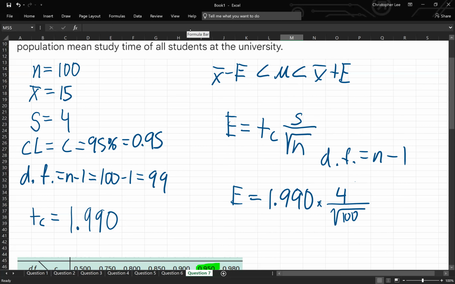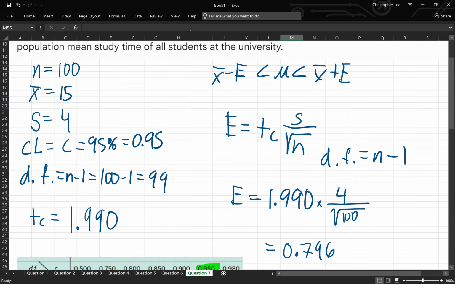A little calculator, bop, bop, bop. Tell me what E is. 0.796. That's it? Or is there more to it? That's it. All right. Can somebody else confirm that? You got the same thing?